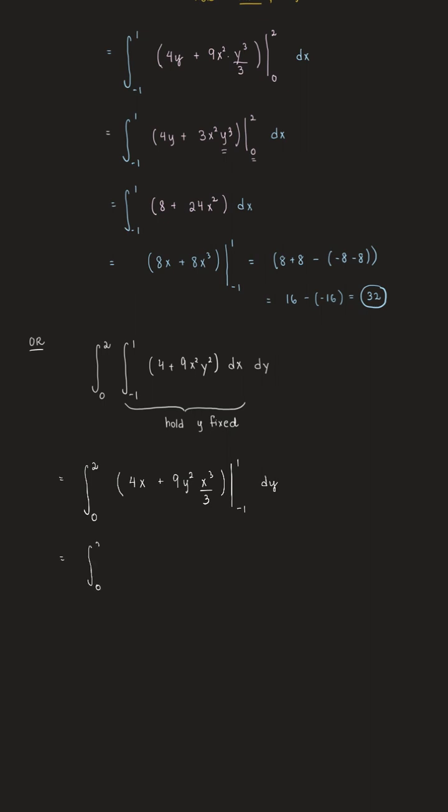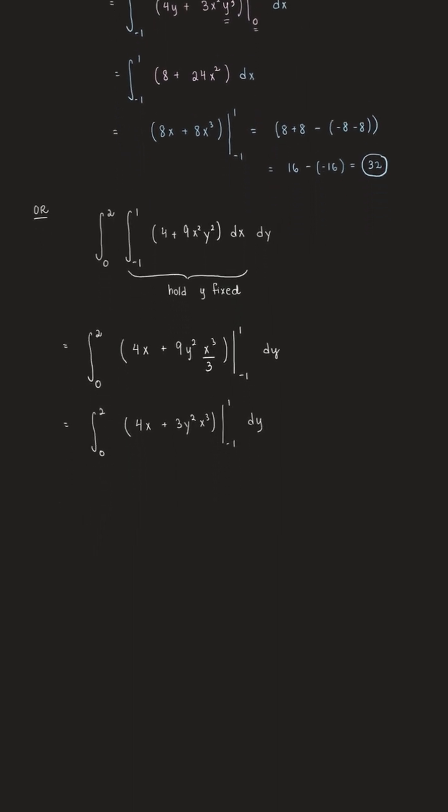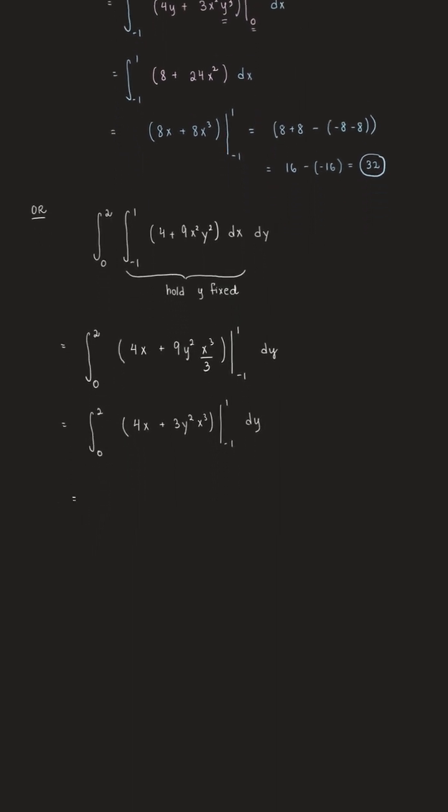So I'm going to simplify a little bit on the inside and then use the fundamental theorem of calculus. So this is 4x plus 3y squared x cubed from negative 1 to 1. Applying the fundamental theorem, we're going to get the integral from 0 to 2. When x is 1, this gives us a 4 plus 3y squared.